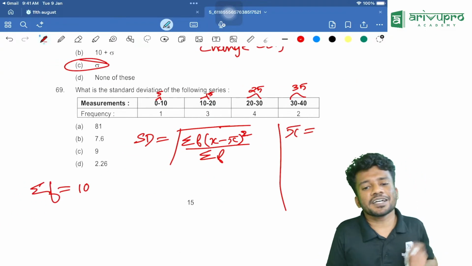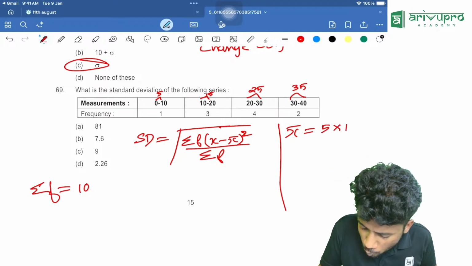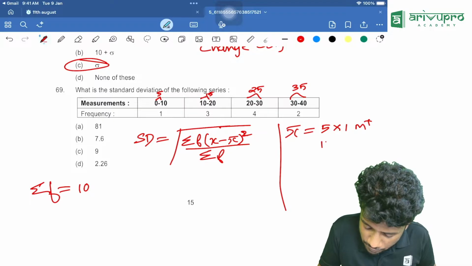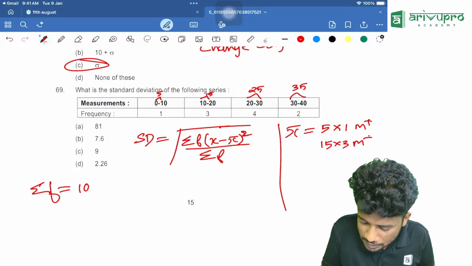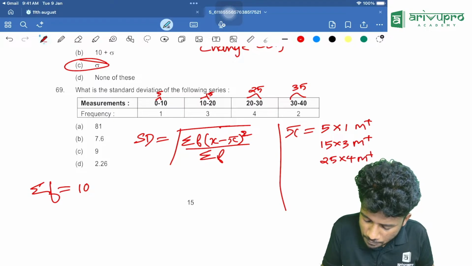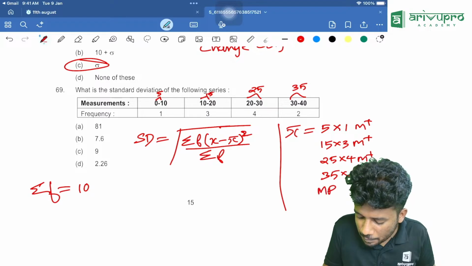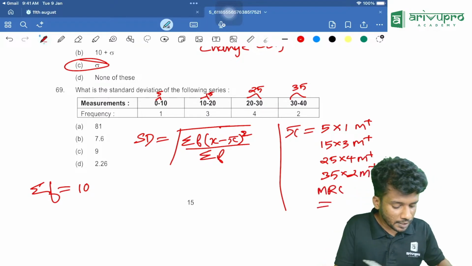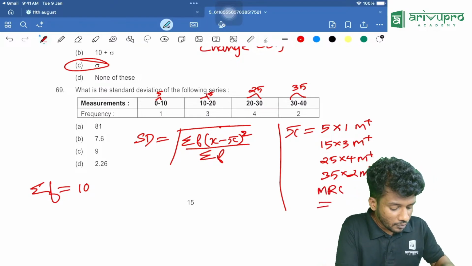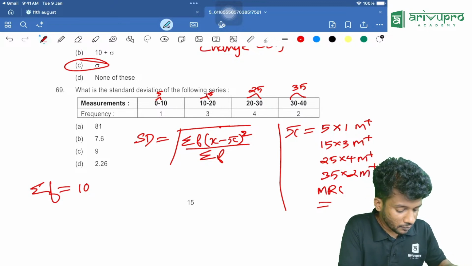Get me the value of x bar. How to find x bar? Just using the calculator, people. 5 into 1, M plus, then 15 into 3, M plus, then 25 into 4, M plus, then 35 into 2, M plus. Finally click MRC, divided by 10. How much are you getting? Clear the memory and try to get it.